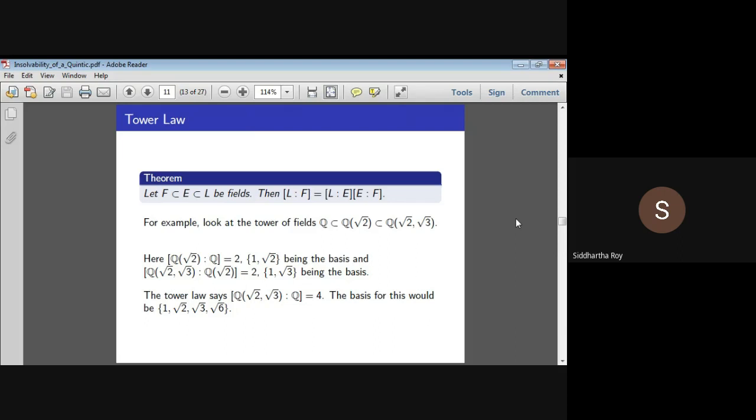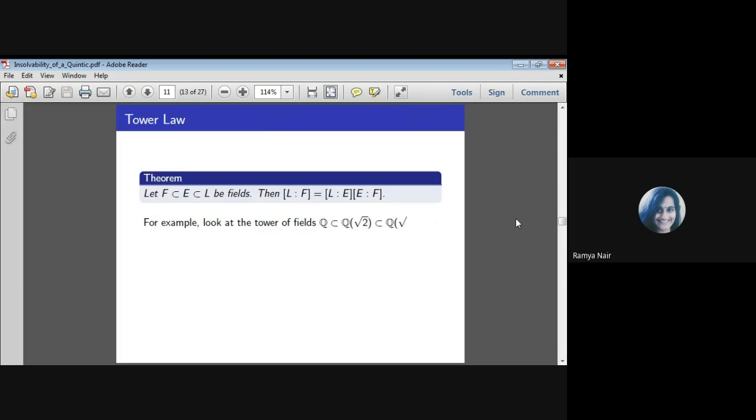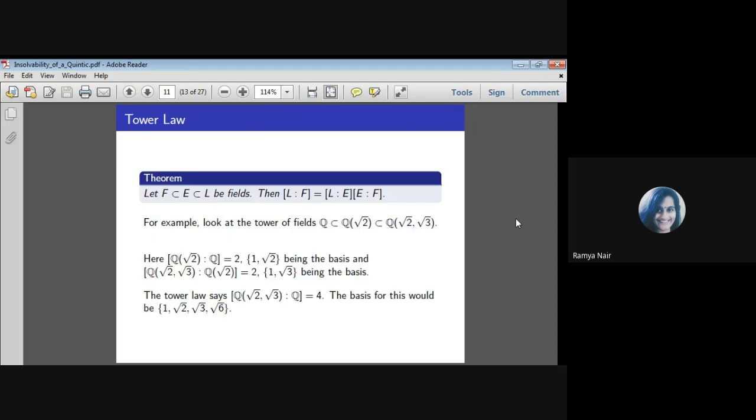Ma'am, Q root 2 comma root 3, I do not understand. Okay, so what is Q root 2 comma root 3 is your question? You understood what Q root 2 is, right? Yes, ma'am.